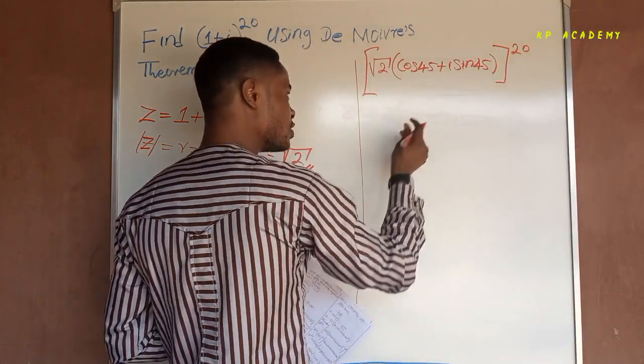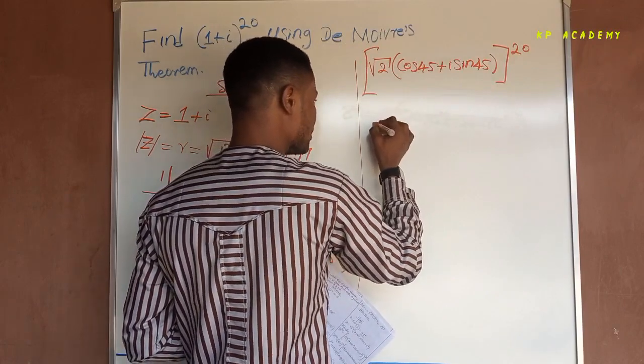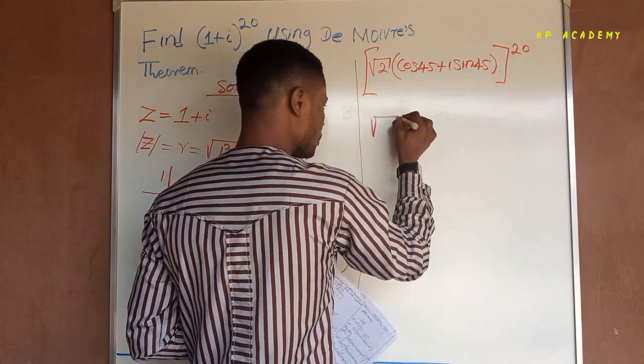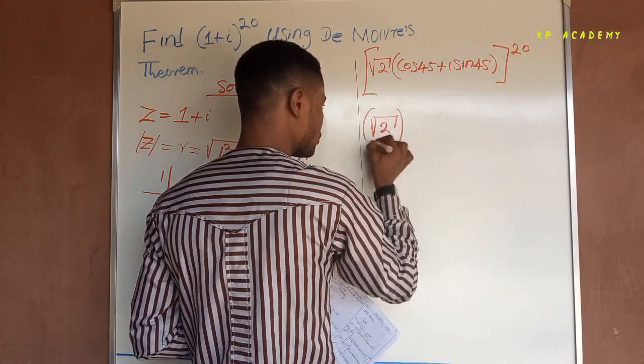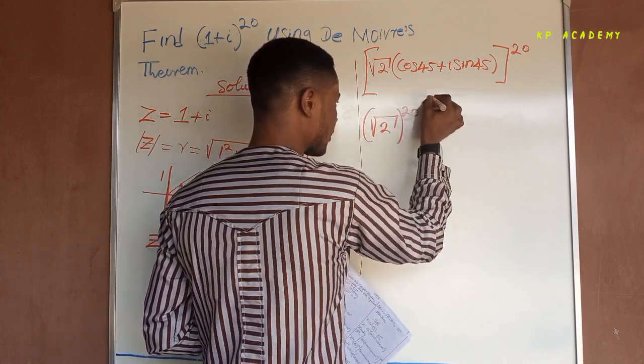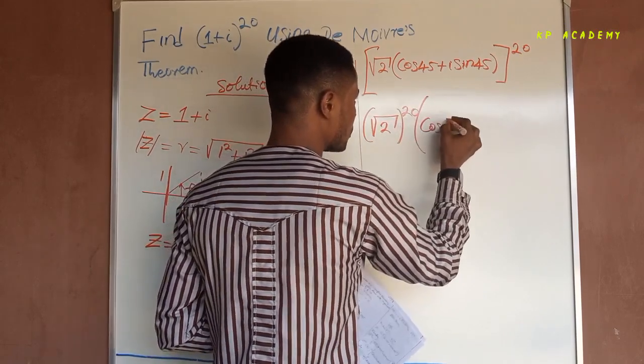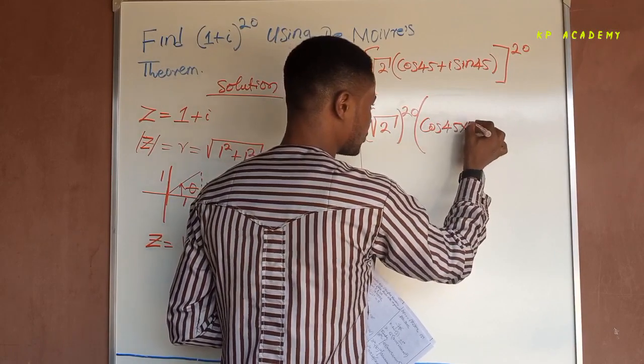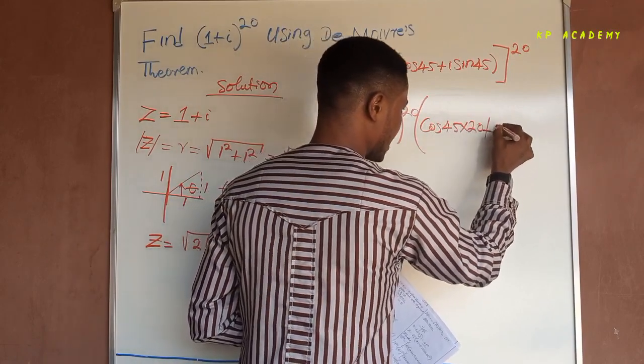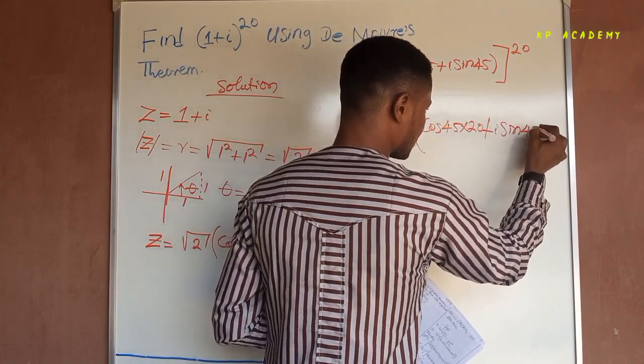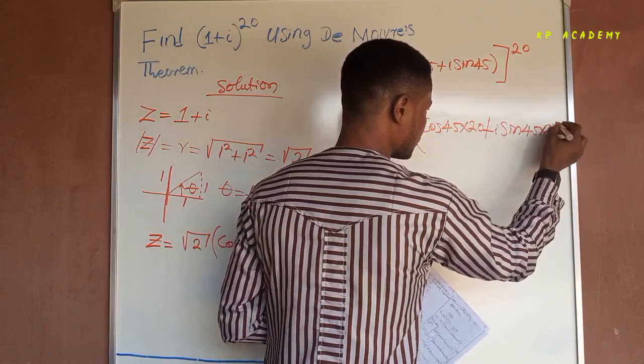So applying De Moivre's theorem, we have root 2 all raised to power 20 into cos of 45 times 20 plus i sine of 45 times 20.